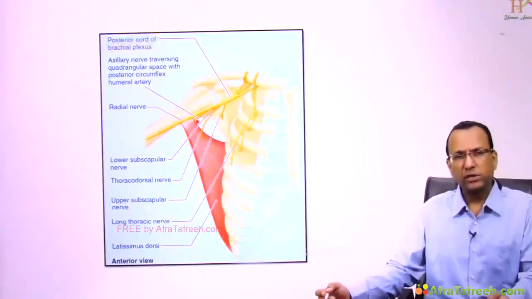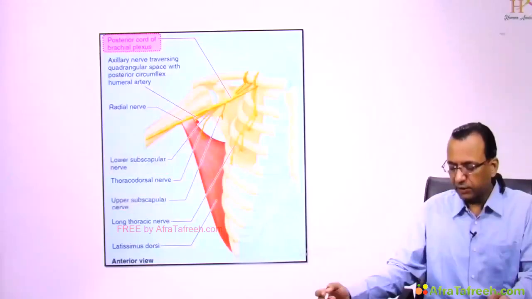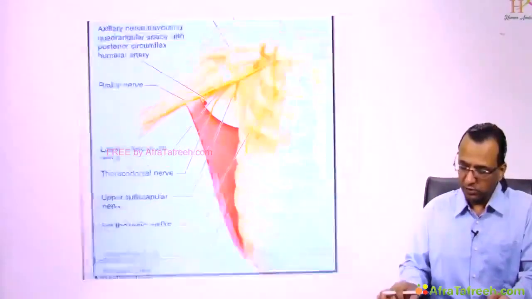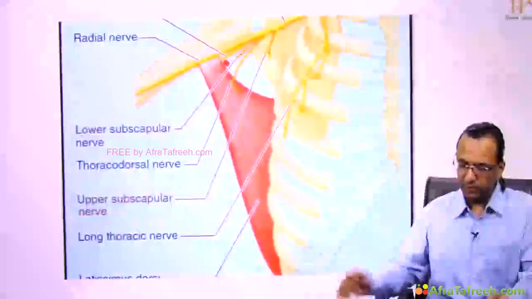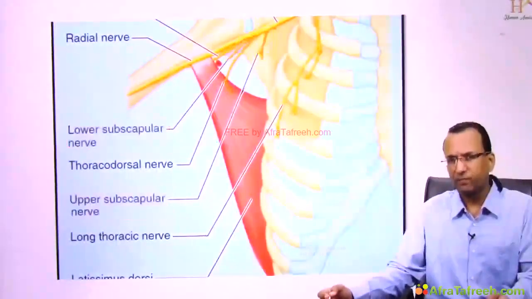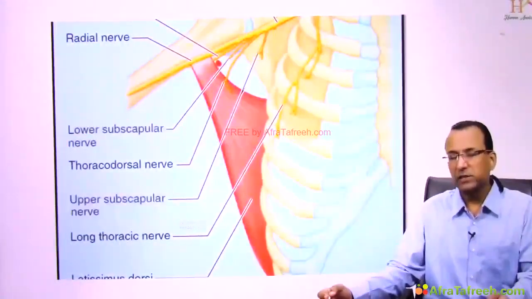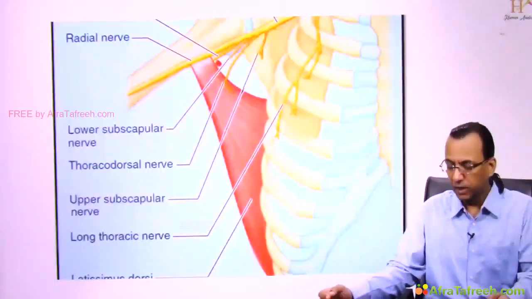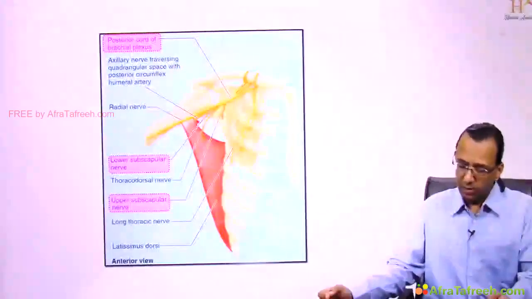It gives the upper and lower subscapular nerves, which go under the scapula to supply the subscapularis muscle. It's a hybrid muscle because it has 2 nerve supplies.